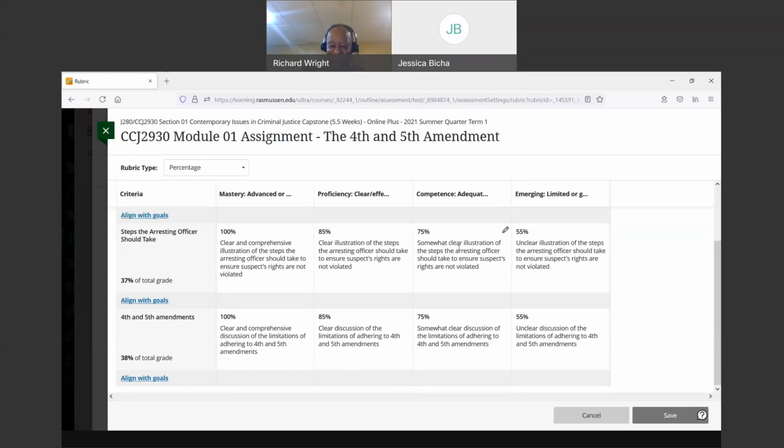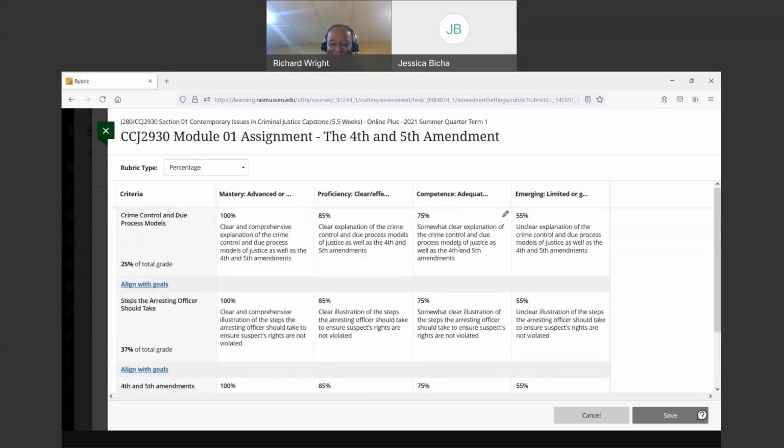Somewhat clear, not quite clear. Okay, you got a clear, what's the difference in this and this? And so what it says, if you notice, it doesn't cover everything adequately. Clear explanation of the crime control and due process models, as well as the Fourth Amendment.